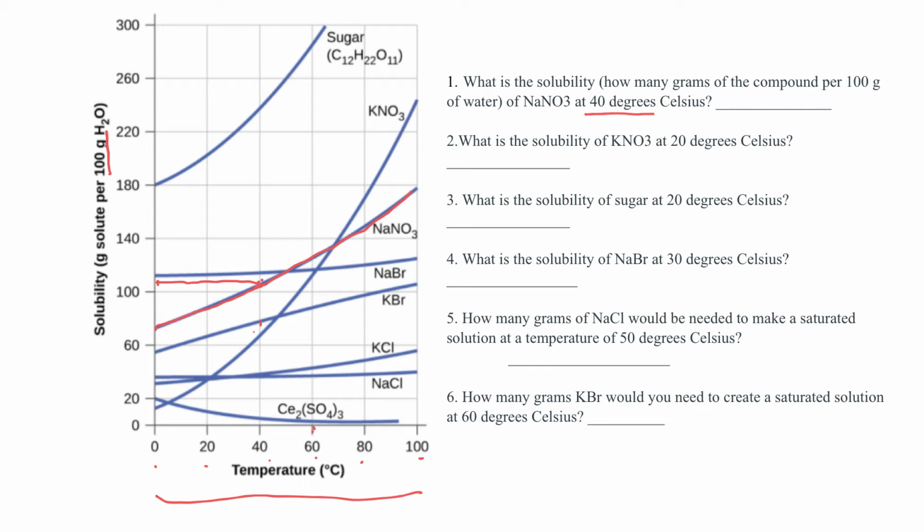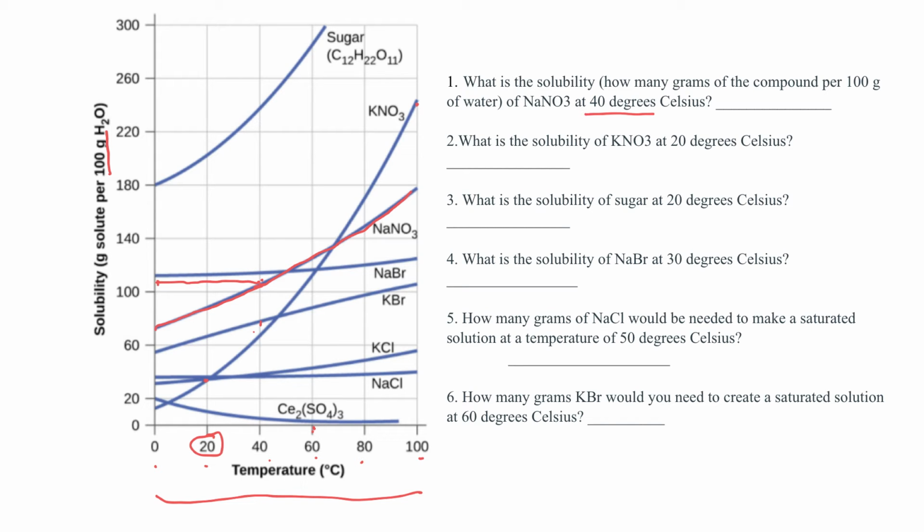Number 2 says, what is the solubility of potassium nitrate at 20 degrees Celsius? So potassium nitrate, the line for that is this line right here. We find 20 degrees Celsius down here on the x-axis, and we follow that up to where it intersects with the line for potassium nitrate.